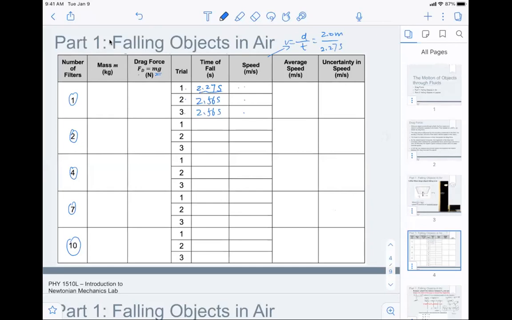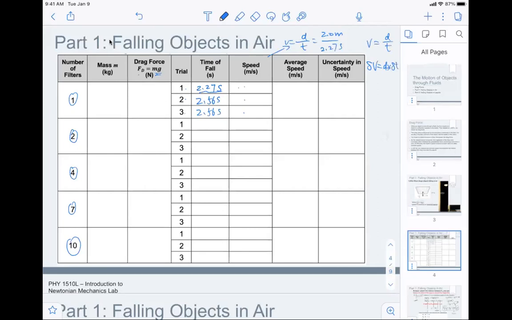So the uncertainty of the speed, we have talked about, if you have an equation where v is some known number multiplied by or divided by another variable, then the absolute uncertainty is simply this number times the absolute uncertainty of delta t.